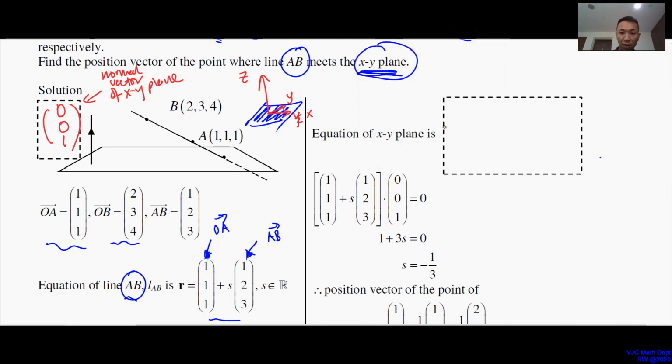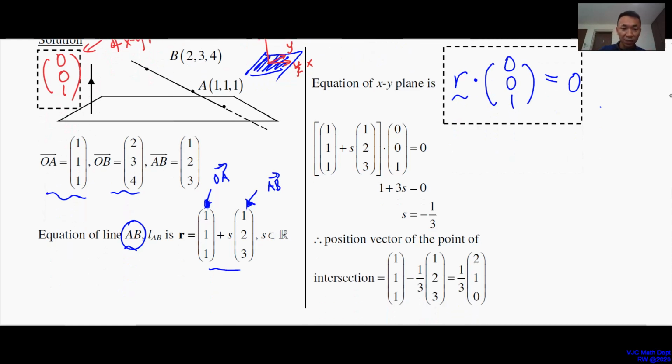So, since the normal vector is (0, 0, 1), and obviously, since it contains the x-axis and the y-axis, it contains the origin, this one equals to 0. This is the equation of the xy plane. So once you have that, then it is similar to example 5.